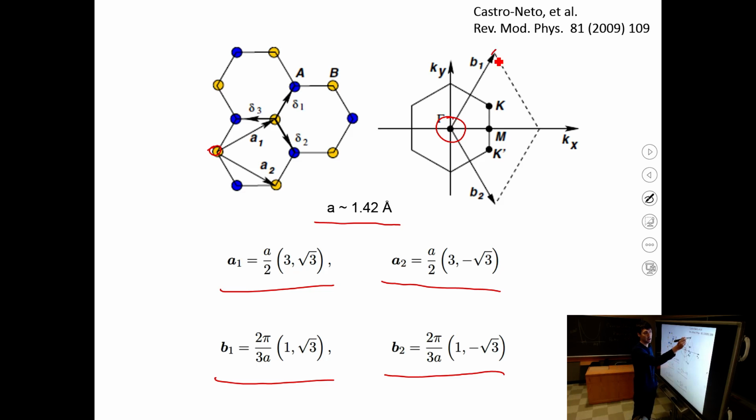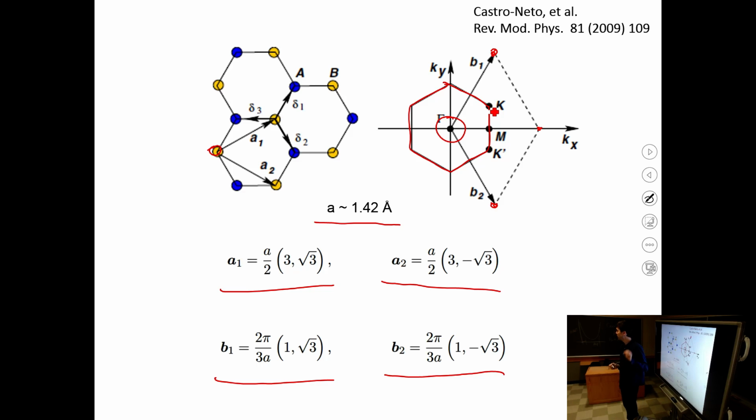So here is the next lattice point here, here's the next lattice point here, here's another one here, and then we just go along the line connecting the lattice points and make a cut halfway. And we repeat this for all directions around. And we find that it's a hexagon. So the first Brillouin zone is the space inside this hexagon.